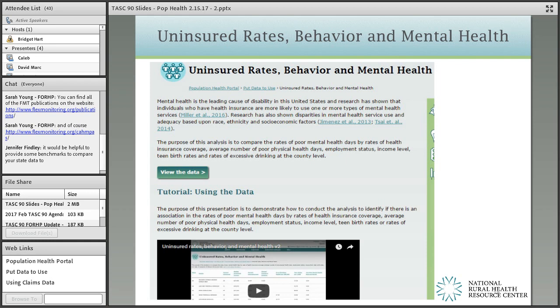And again, this is just an easy way to not have to pull up each county, but to look at all the counties and being able to search by county for those with critical access hospitals in your state to look at mental health issues.